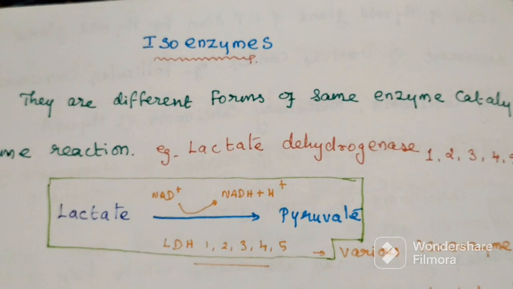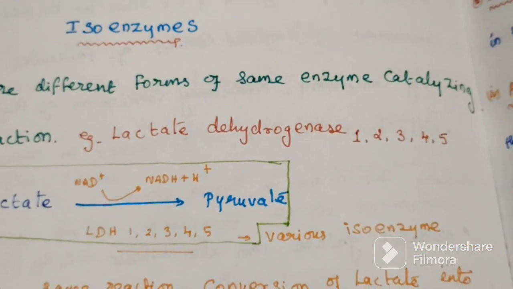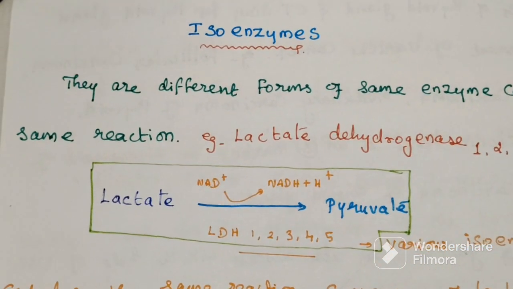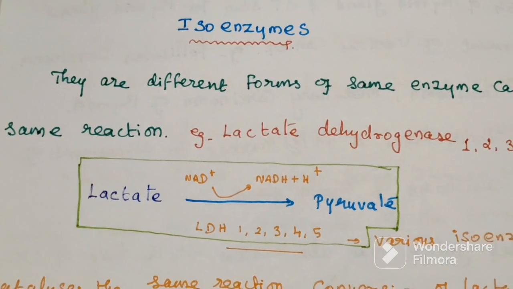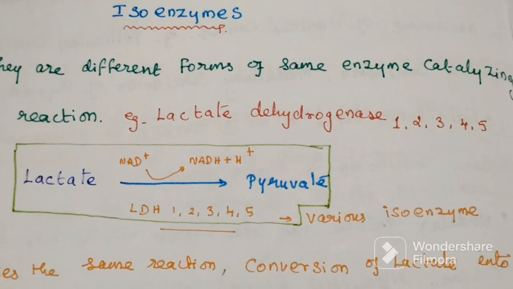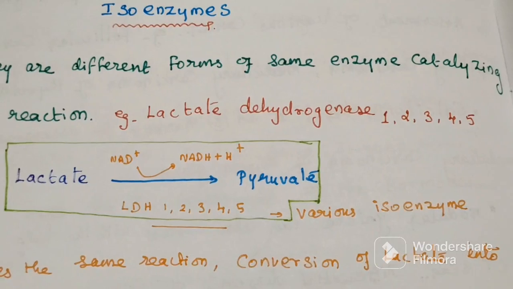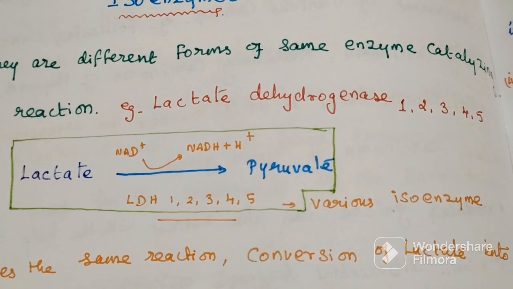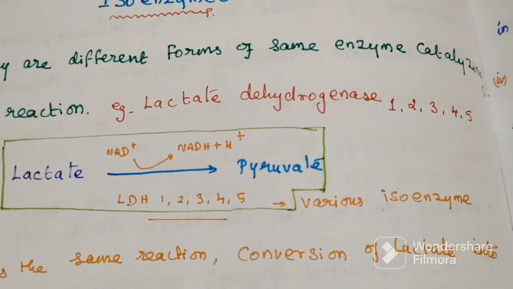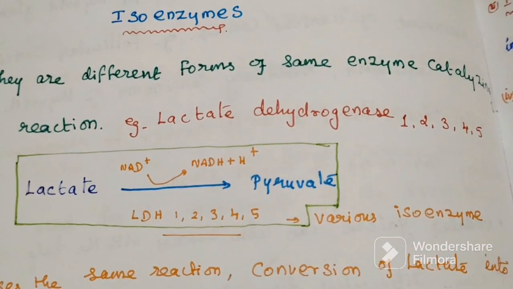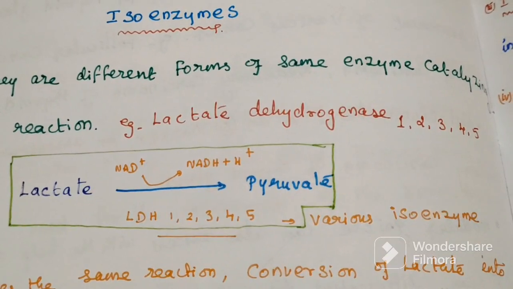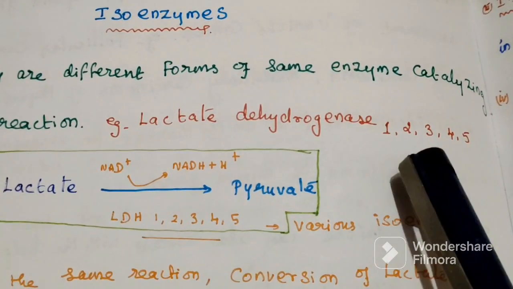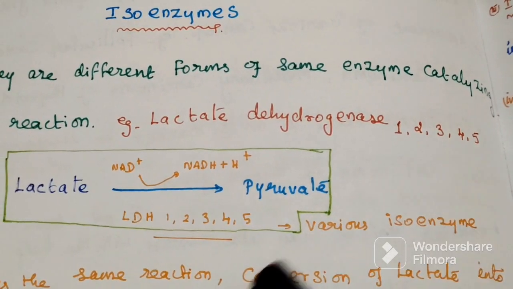They are different forms of the same enzyme catalyzing the same reaction. Take one example, lactate dehydrogenase. There are various isoenzymes: LDH 1, 2, 3, 4 and 5.